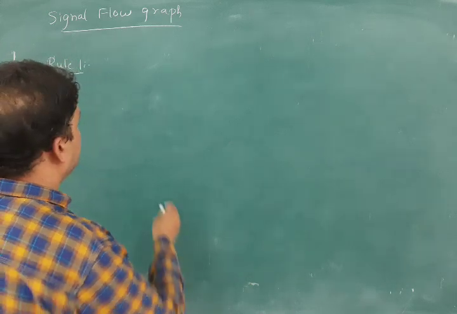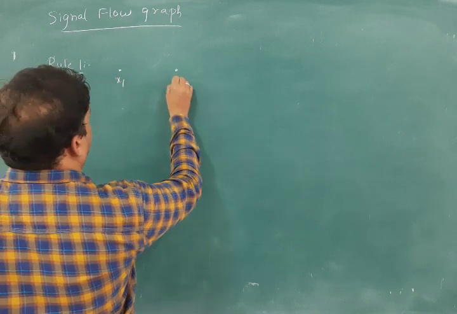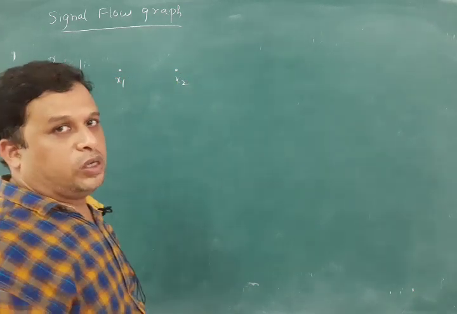Suppose x1 is a node, and here x2 is also one node. These two are the nodes.